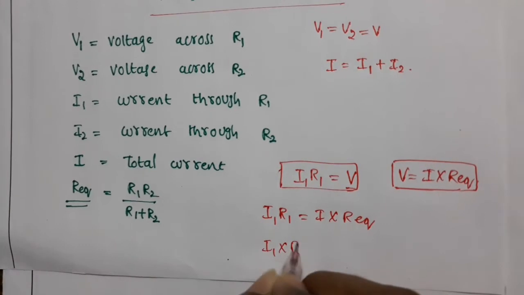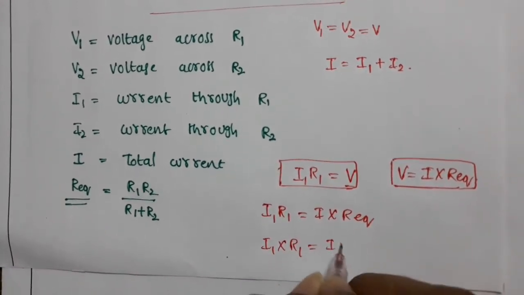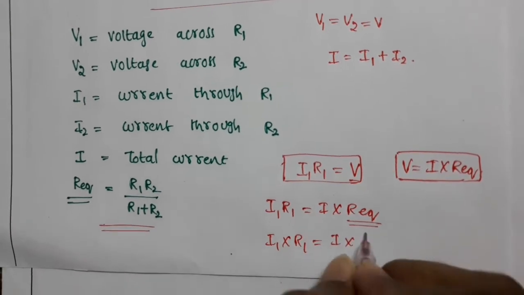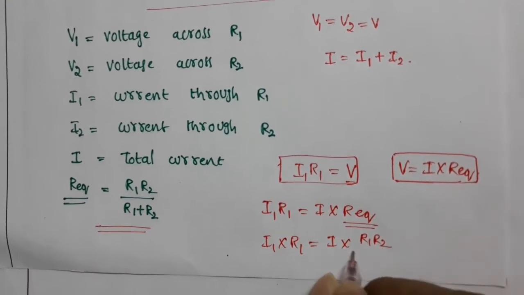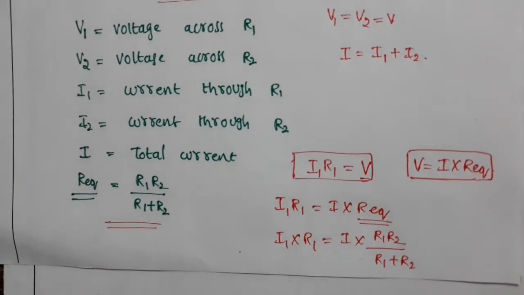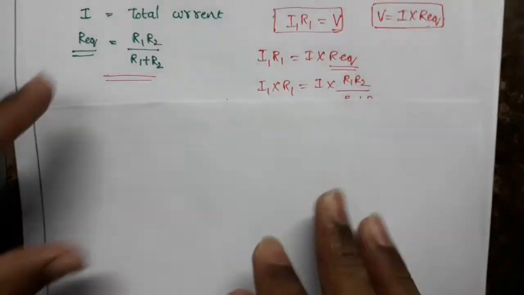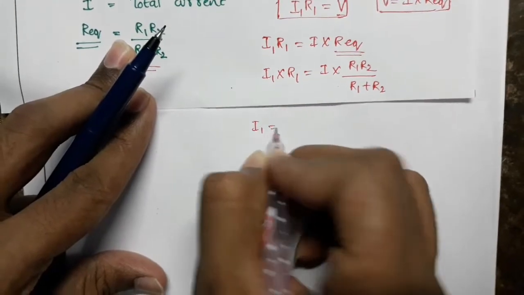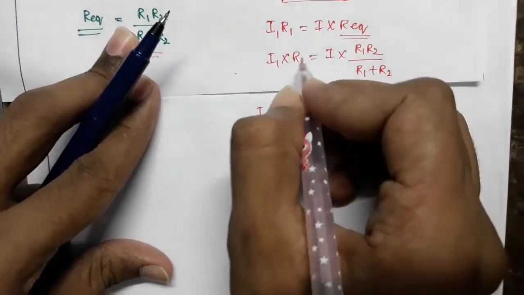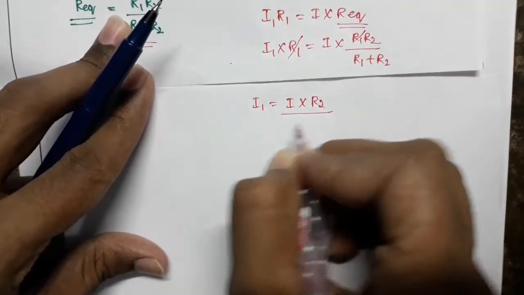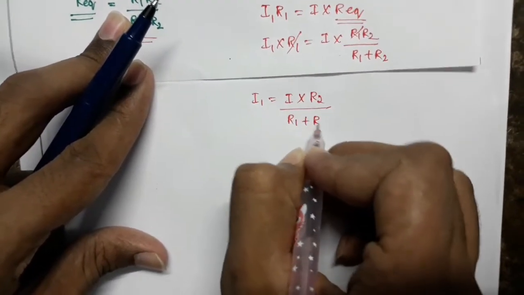I1 into R1 equal to I into R equivalent equal to R1 R2 by R1 plus R2. And then we have got I1 equal to total current I into R1, R1 gets cancelled, R2 divided by R1 plus R2.